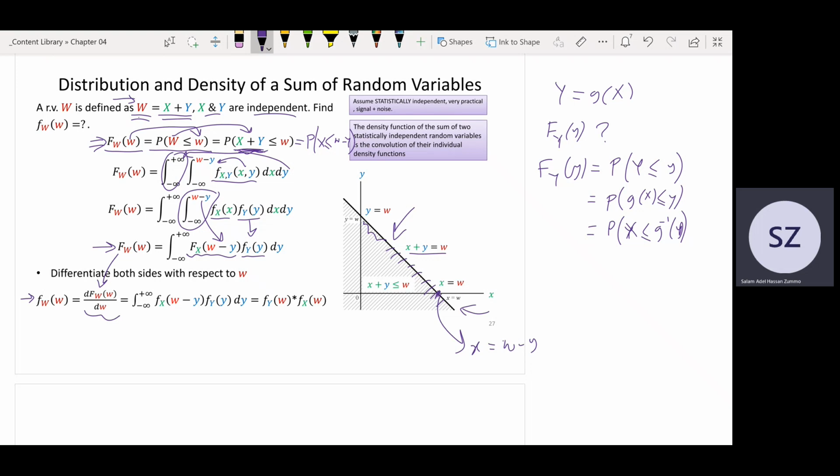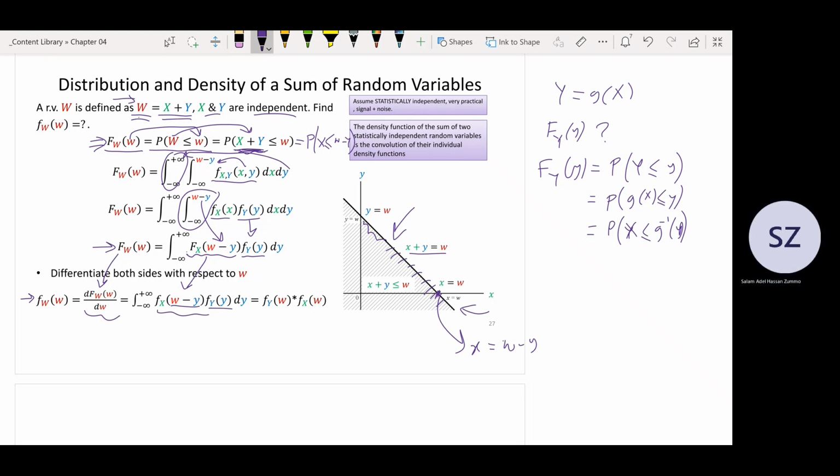What I differentiate is the function that depends on w. Differentiating this gives me the PDF evaluated at the same number, and f_Y(y) comes as is.